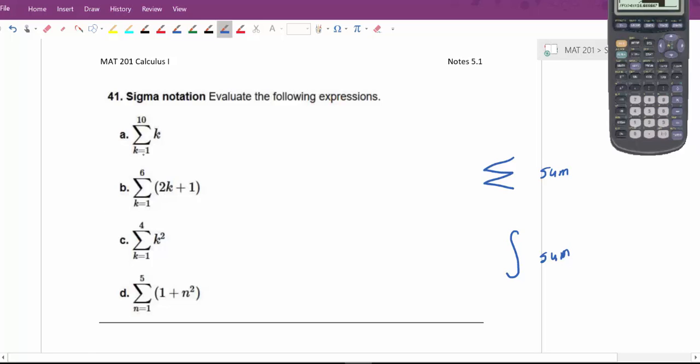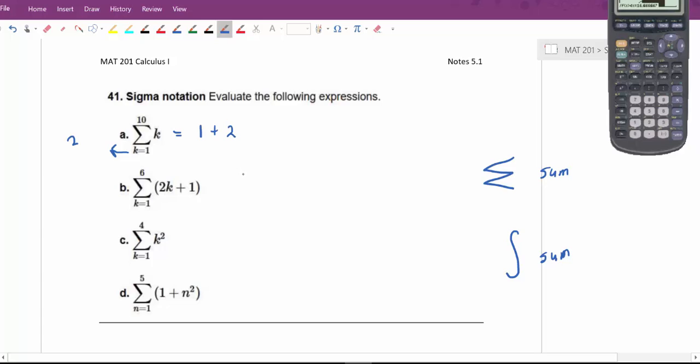This is a finite number like this. All right. Well, if you had this problem, here's what this problem means. This is where you start. That's a counter. That's where you end. So what you would be doing is, if k is equal to 1, you just plug it in, so you get 1. This counter is going to change, and the counter always changes by whole numbers. So now it's going to go to 2.